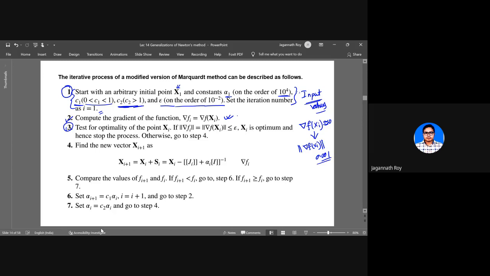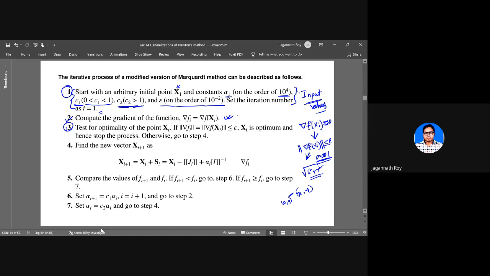That means this is possible only when the norm of this point, root over x square plus y square, the norm in two-dimensional space, is the distance from 0, 0 to the xy point. If this condition is satisfied, then we stop.